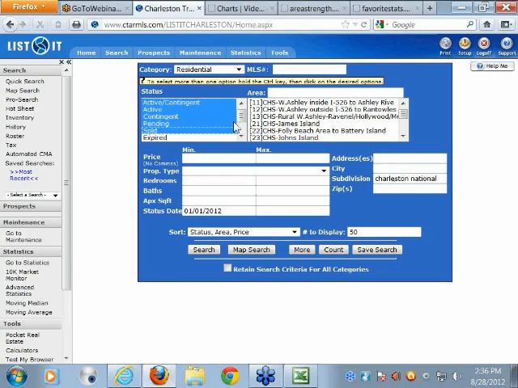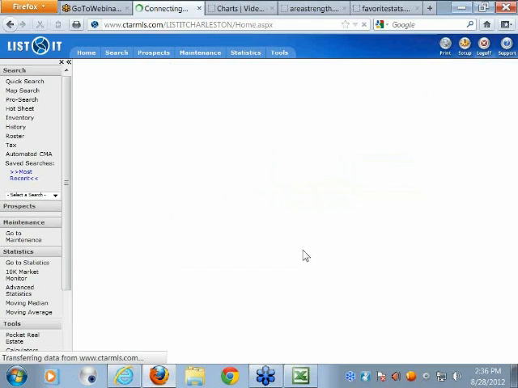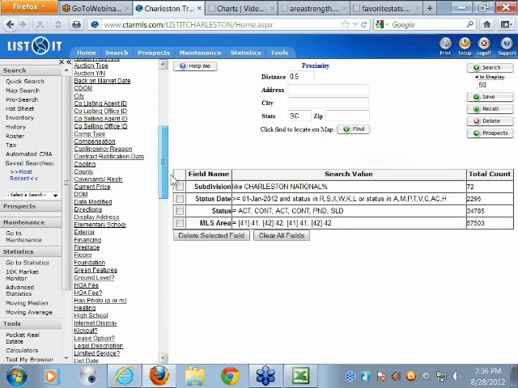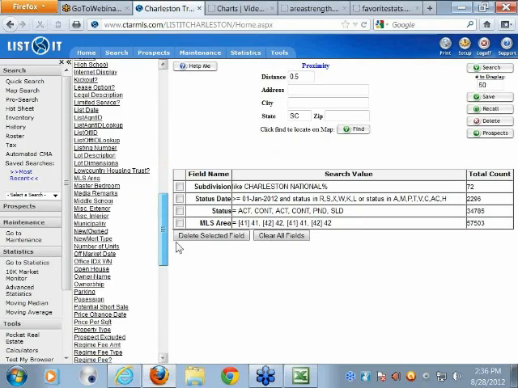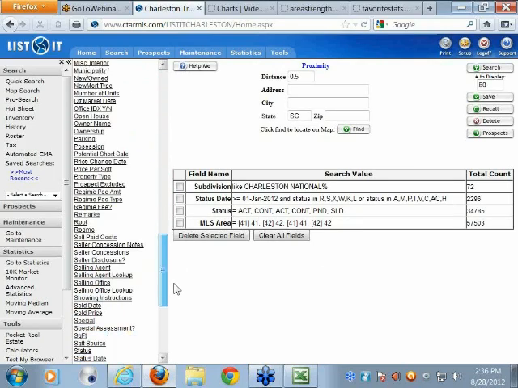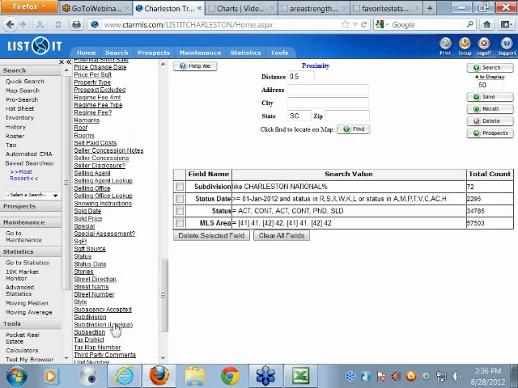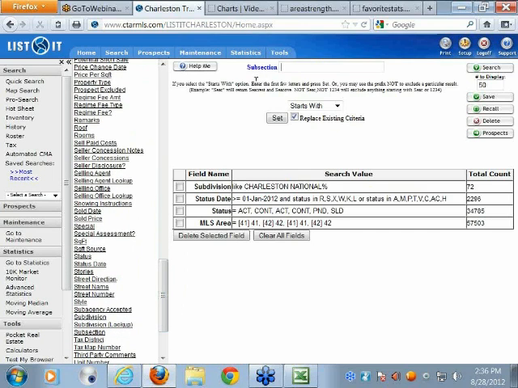And let's specifically look at a subsection in Charleston National called Charleston Green. It's the first subsection in there when you come in on the left. And they're a little cheaper, a little less expensive homes than some in the further back.